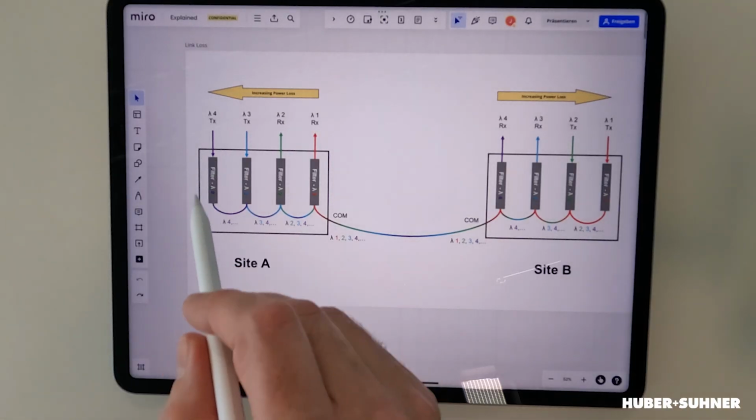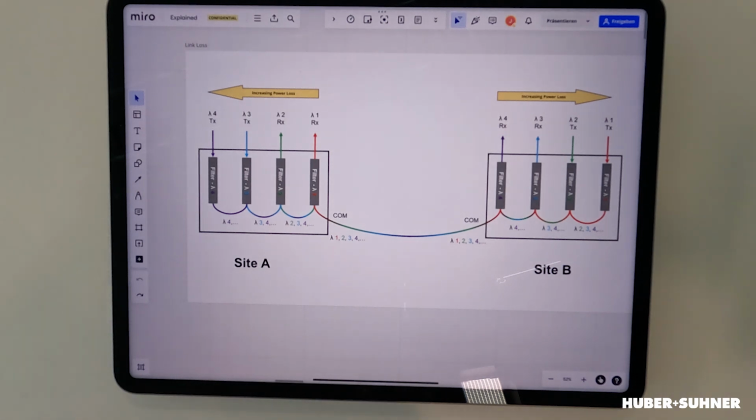That's why we invert the filter cascade of the demultiplexer relative to the filter cascade of the multiplexer. In other words, the channel that on the multiplexing side has the highest insertion loss will have the lowest insertion loss on the demultiplexing side. And by doing this, the link loss for each individual channel will always be the same.